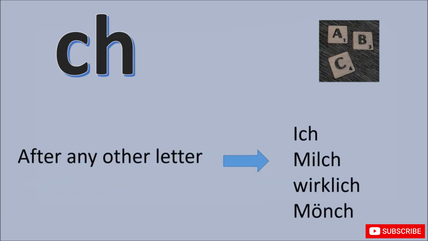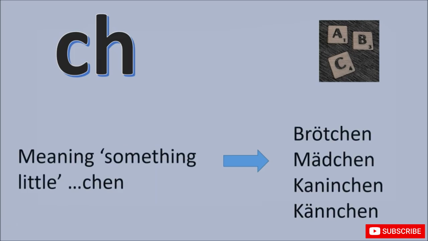After any other letters, it's a ch sound. Ich, Milch, wirklich, Mönch. And then quite often you have the CHEN and the meaning of it is something little. So some of those neuter nouns. And that's then always chen, Brötchen, Mädchen, Kaninchen, Kännchen.